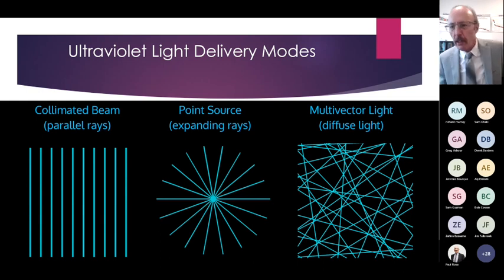Multi-vector light tends to be faster and more effective than, say, a collimated beam or a point source due to the fact that it gives more all-around exposure to the microbes. This is very similar to when a microbe is spinning in air. You could say that a microbe floating in air in dynamic motion is experiencing multi-vector light exposure, even if it was in a collimated beam field.